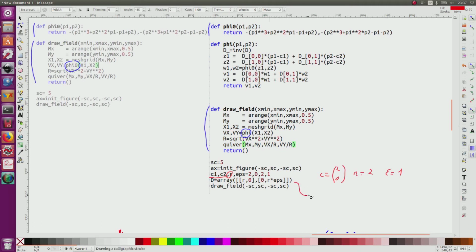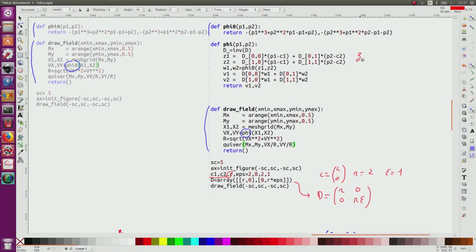So what I did here is D is given by the matrix R, 0, 0, R times epsilon. Then this is the action of J to obtain phi, as previously explained.